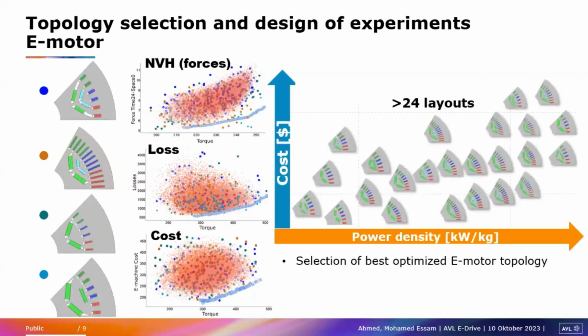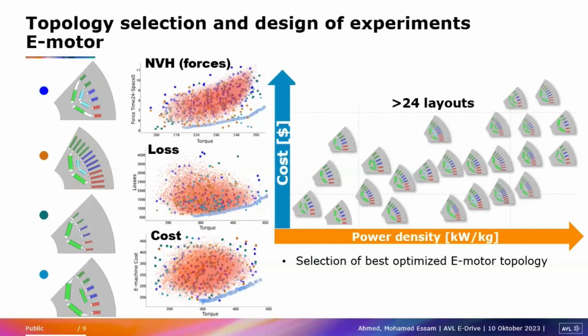In a recent study or project, we were finding the best permanent magnet configuration in terms of cost, power density, and efficiency. We optimized with this methodology up to 24 or 26 different layouts, with different poles, different slots, and different numbers of hairpins. We then get out of this Pareto front the optimal geometry of each optimal topology, and we relatively compare them to each other in terms of cost and power density.